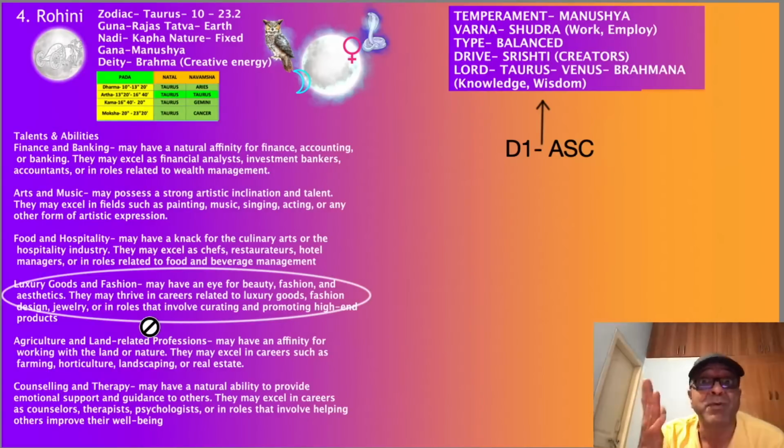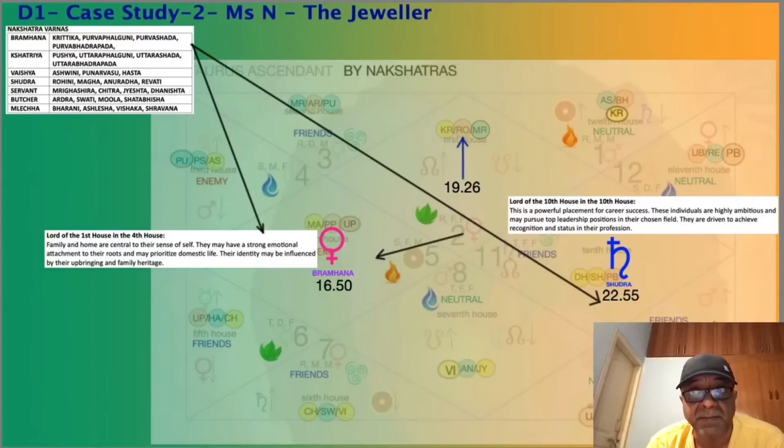It's exactly what she does. This is right in the ascendant nakshatra itself in D1. We haven't even got to other parts of D1, let alone D10. Okay? That's the first thing you got to understand. The ascendant nakshatra, as you can see, is in Rohini, which is a Taurus ascendant.